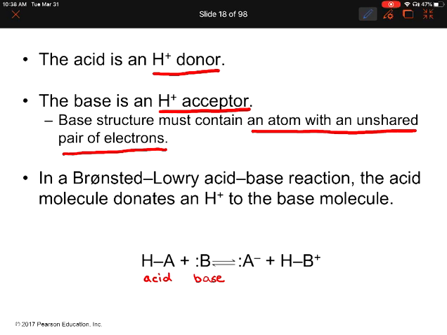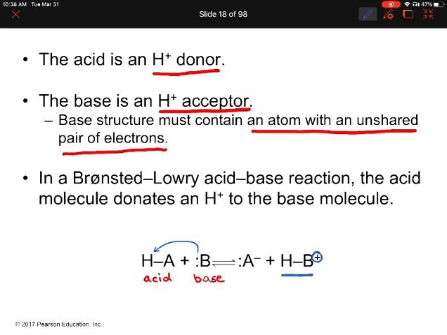So the lone pair of electrons on the base is going to accept or grab onto that hydrogen on the acid. And that's going to give us one of our products. So B will now have a covalent bond with that hydrogen. And because the base has accepted a hydrogen ion, initially it was neutral, but now it will have a positive charge.